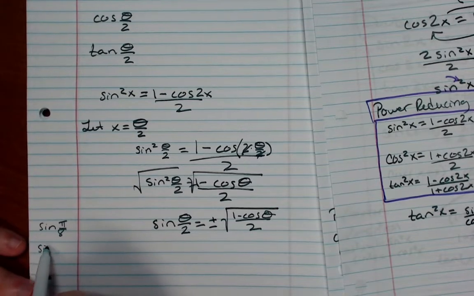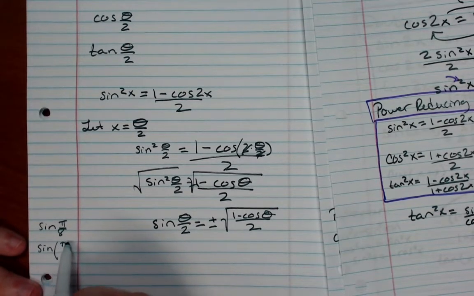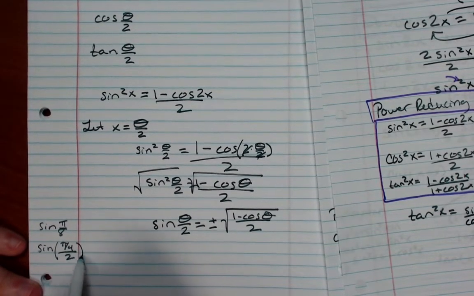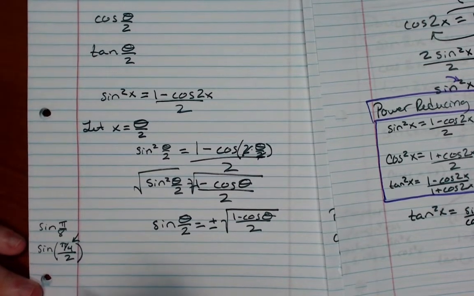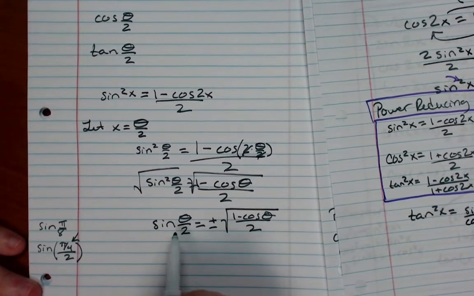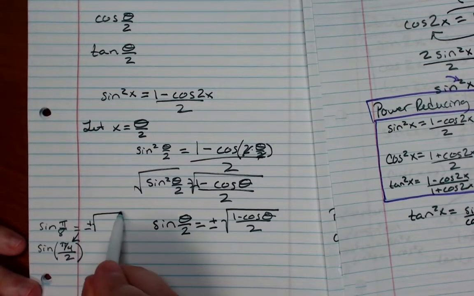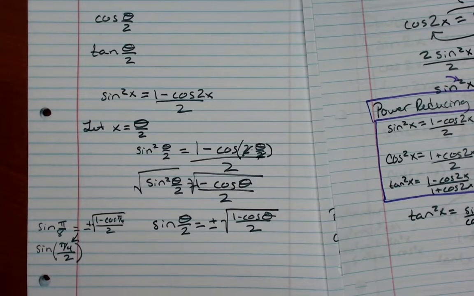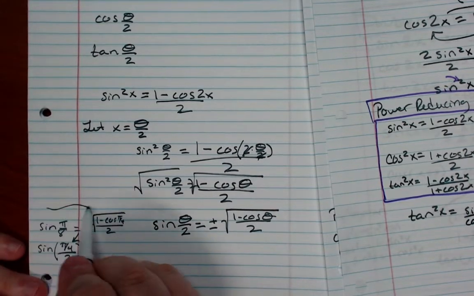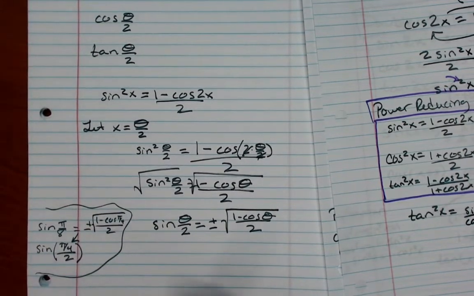We can think of that as sine of pi over 4 over 2. And since pi over 4 is on our unit circle, we can use this formula. So sine of pi over 8 is just plus or minus the square root of 1 minus cos pi over 4 over 2. Right, and so that's how we would use these sorts of formulas.